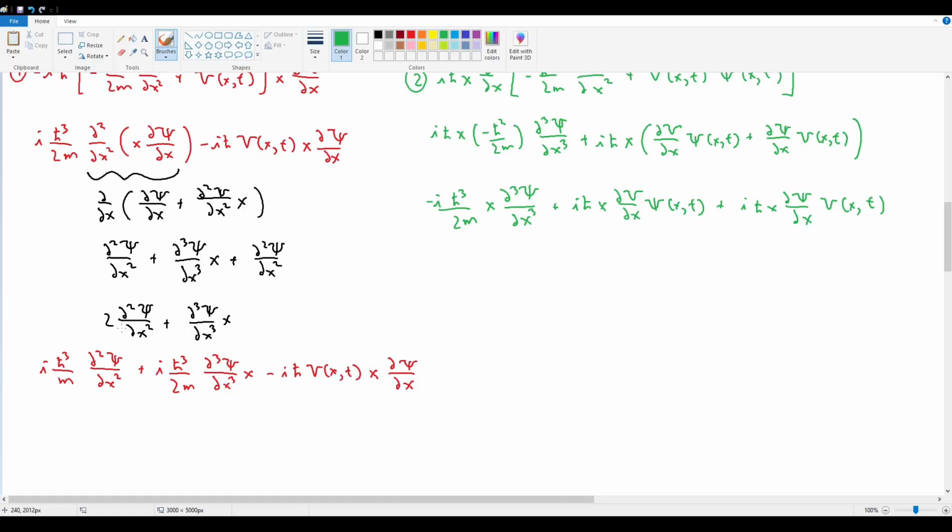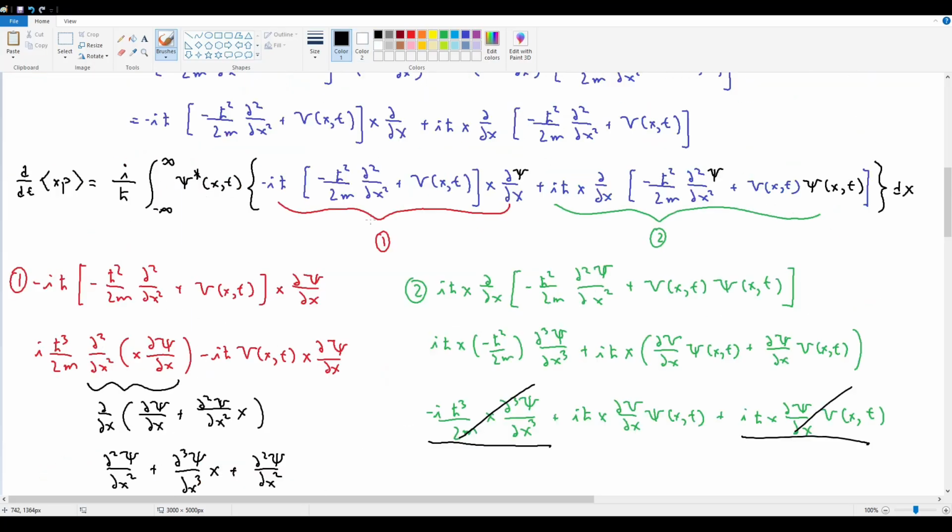Now the question is, is there anything that we can cancel? So immediately I see this expression, and this is the exact opposite of this expression. So that means these two can go. I h bar v x d psi. Okay, these two are also exact opposites, so these two can also go. So this cancels with this, and what we're left with is two smaller expressions.